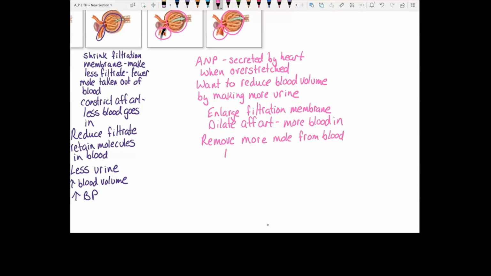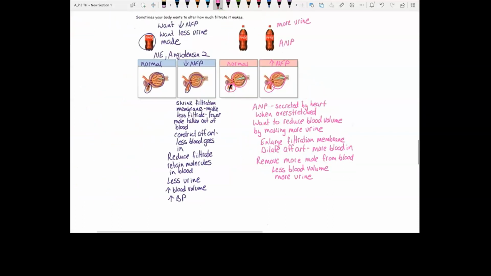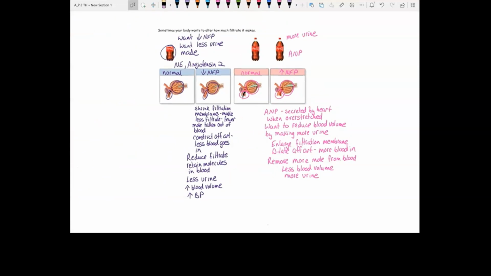So this means you will have less blood volume and you will have more urine. Okay, so there is filtration. Filtration is that first step of filtering the blood where you remove small molecules from the blood.